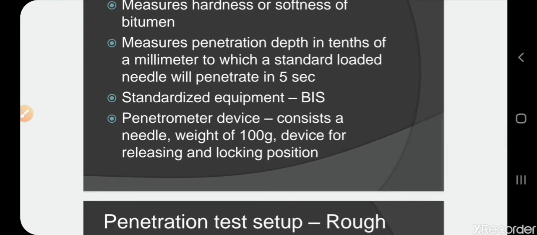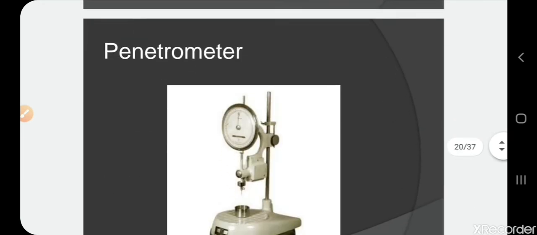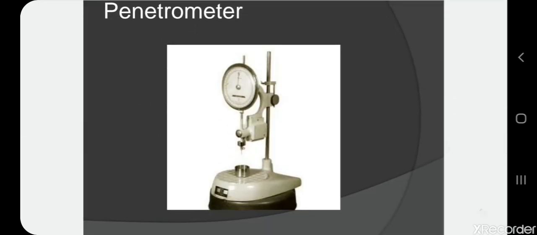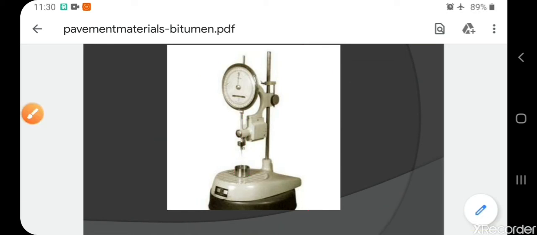Next, the penetrometer device, which has a needle of 100 grams and a device for releasing and locking positions. This is the experimental setup used in our laboratory. Here we fill the bitumen. With respect to the loading, on pressing this knob, the penetration is automatically applied on the bitumen. What will be the bitumen penetration for 5 seconds? That should be recorded.